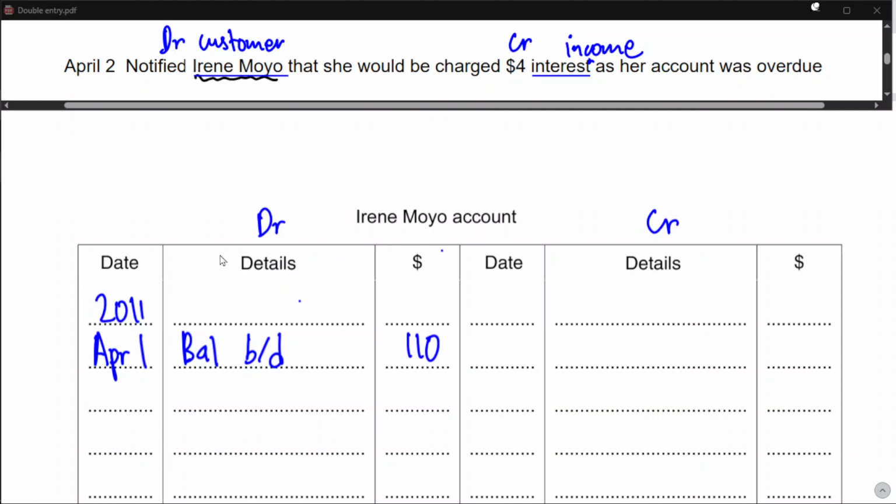Now I want you to read in reverse. So Irene debit interest income. Irene debit this one interest income. But two, so it's 4.